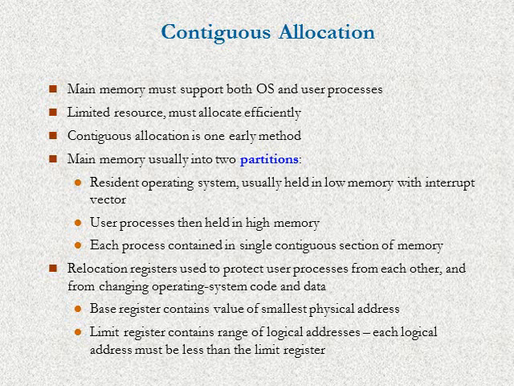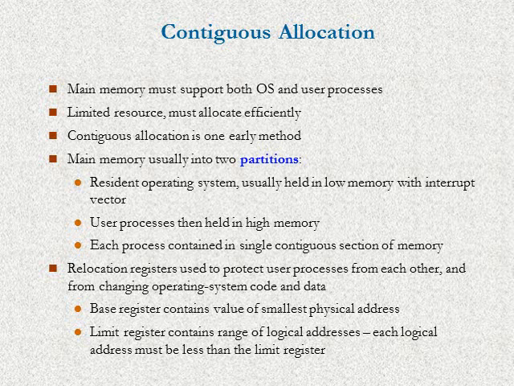The first one is reserved for the operating system, where the kernel of the operating system is stored, and the other partition is reserved for the user processes. And all of those user processes share that main memory among each other.